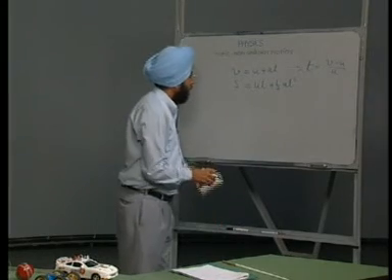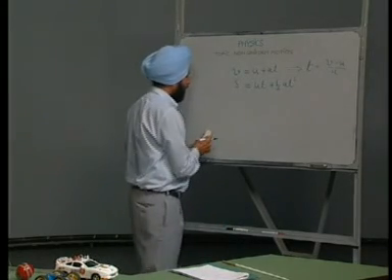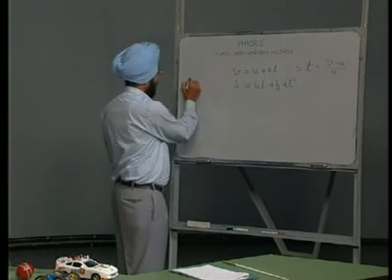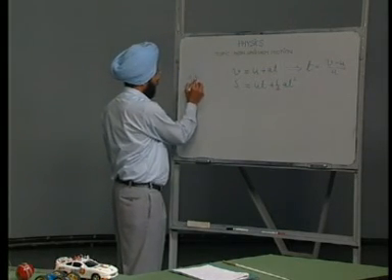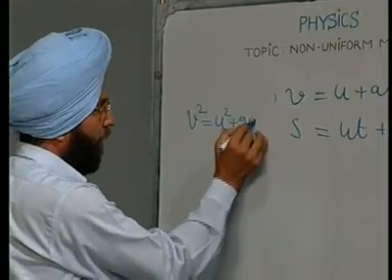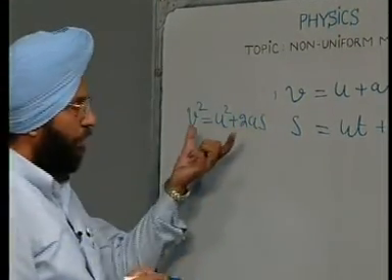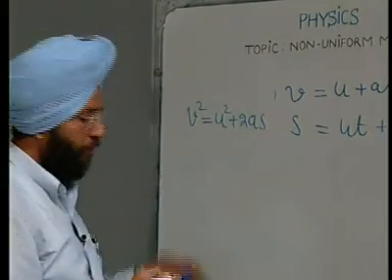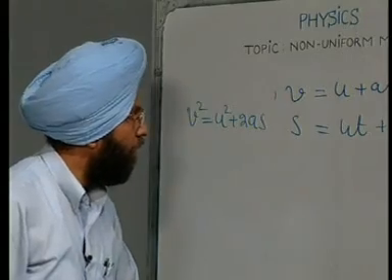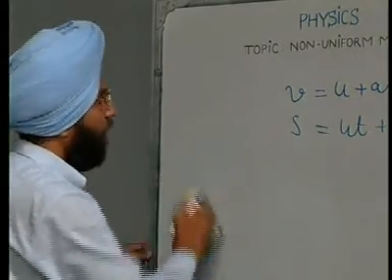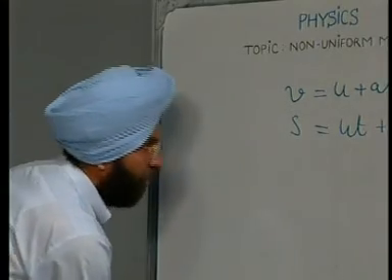Now, as in the third equation, v square is equal to u square plus 2 a s, time is not there, variable t is not there. So, what we do is we use the method of elimination of time from these two equations.